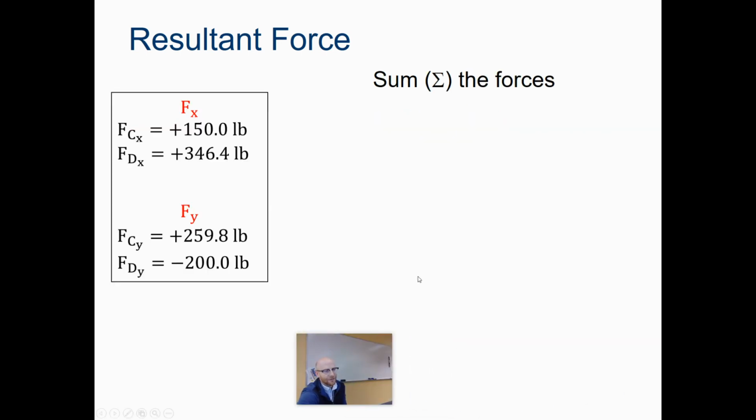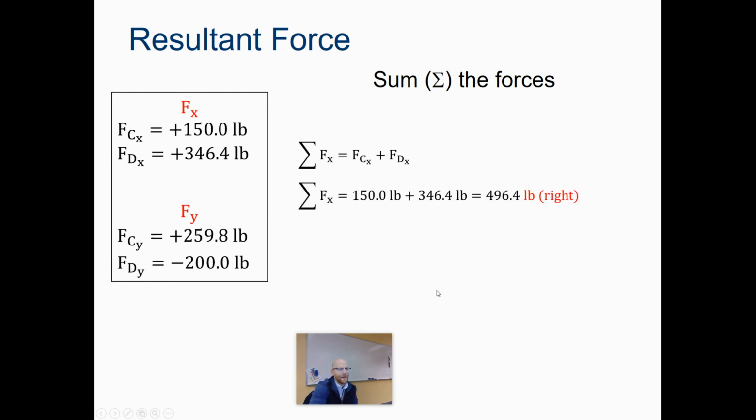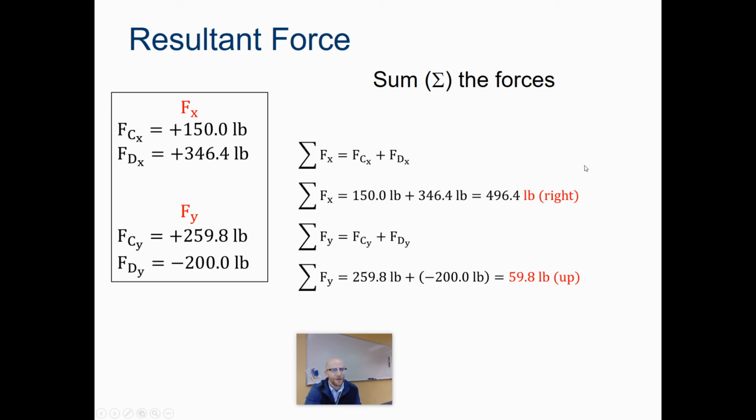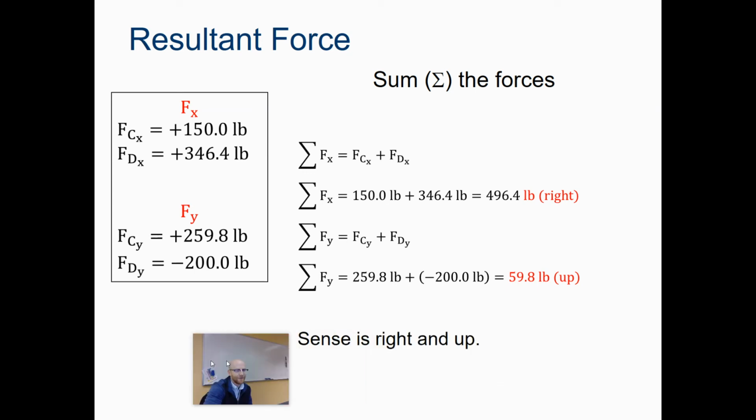They might round it quite a bit, so let's take a look. No, they didn't round it at all. So they added those forces up. They have 496 pounds going along the x-axis, and 59.8 pounds going up in the y-axis, so positive up.